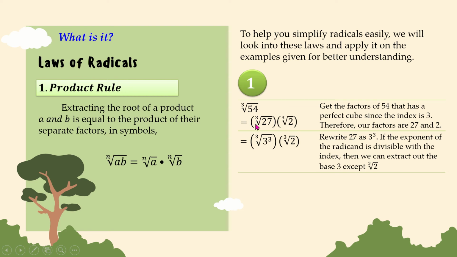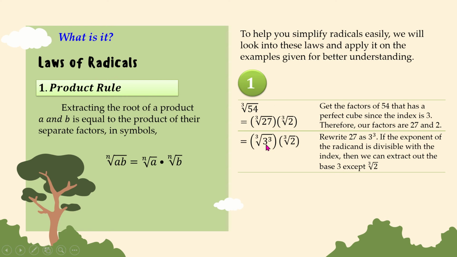Okay. The cube root of 27 can be rewritten as 3 cubed, 3 times 3 times 3. If the exponent of the radicand is divisible by the index, then we can extract out the base 3. So, that one. Index 3, exponent 3. It cancels. 3 divided by 3 is 1.